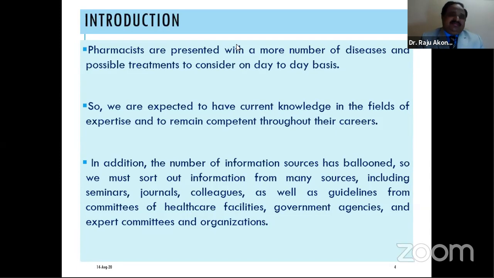Now, to believe that the Russian vaccine really works for COVID-19, you have to have some guidelines available from WHO or ICMR or FDA or DCGI. Somebody has to give you some guideline to believe its safety and efficacy, right? Otherwise, you will not believe it, you will not recommend it to your patients, am I right?